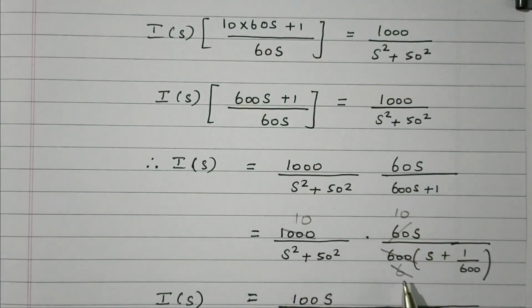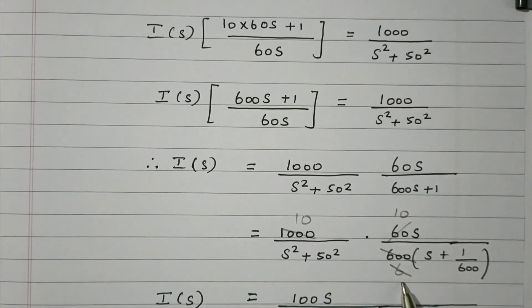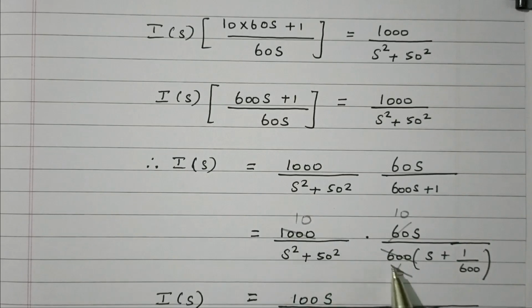Now we'll go for the simplification. First we divide 1000 by 600, which goes 10 over 6 times, and this 6 divided by this 60 goes 10 times. So 10 into 10 is 100.